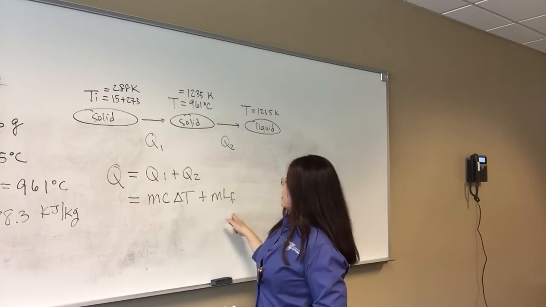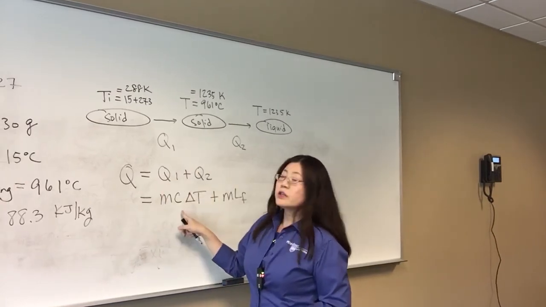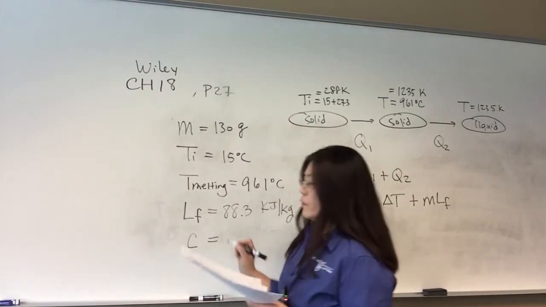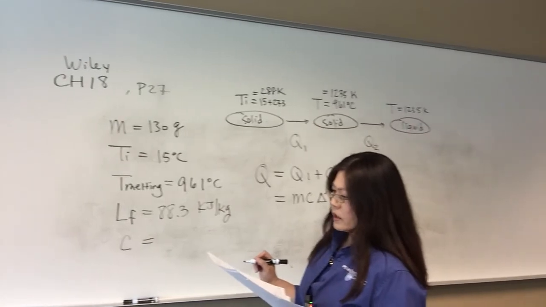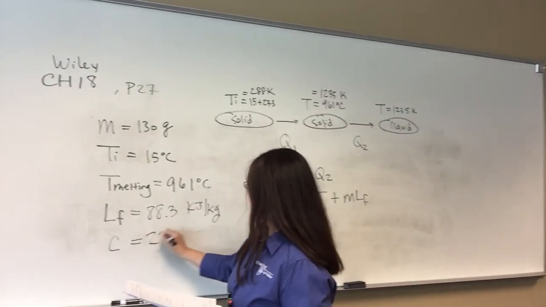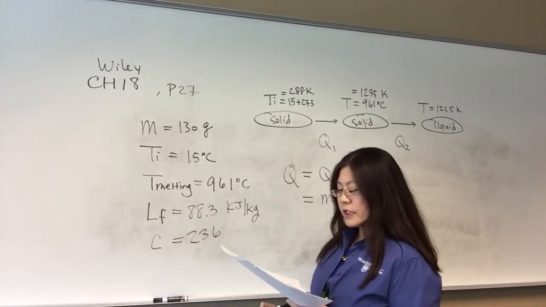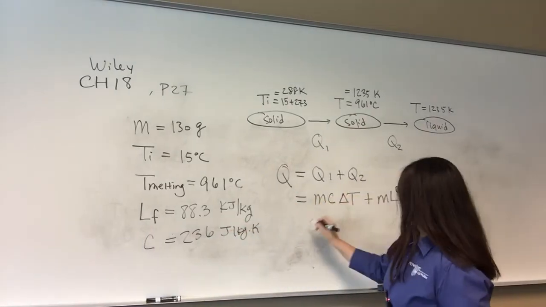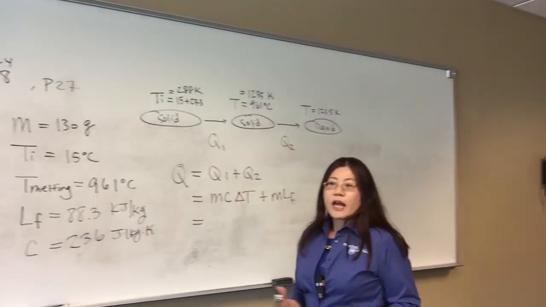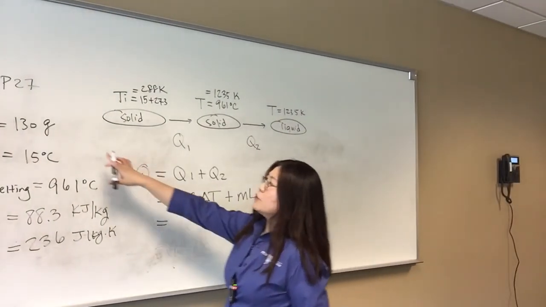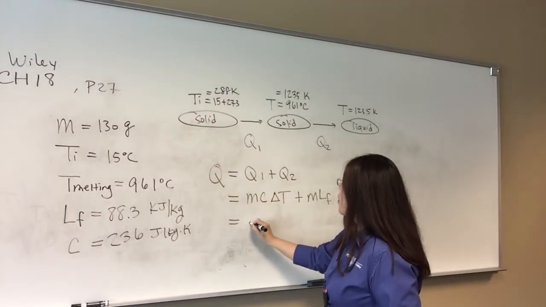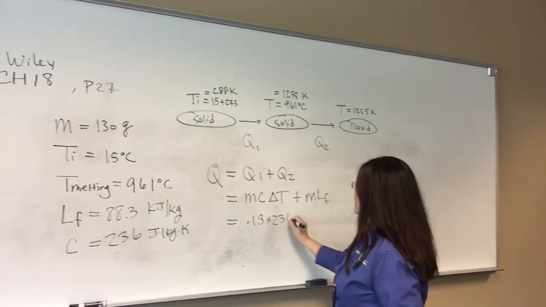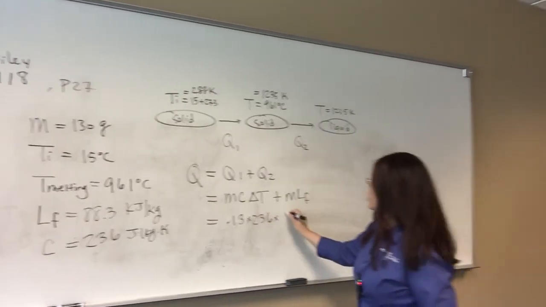So before we plug into this equation with the values, we also need the specific heat of silver. If you check out the book, from table 1.3, you'll get this value, 236 joules per kilogram per Kelvin. So when you do this, everything has to be in SI units. The mass is 130 grams, which means that it is 0.13 kilogram, and then times the specific heat, which is 236, and then times the change in temperature.